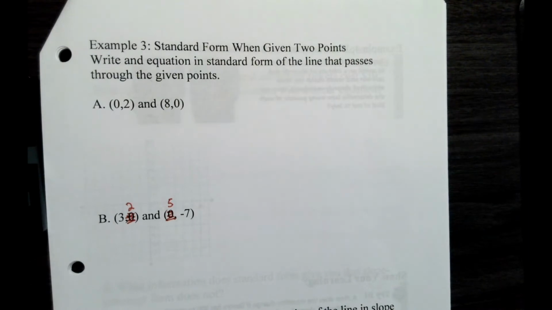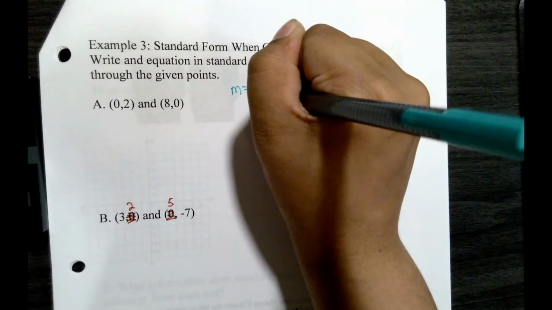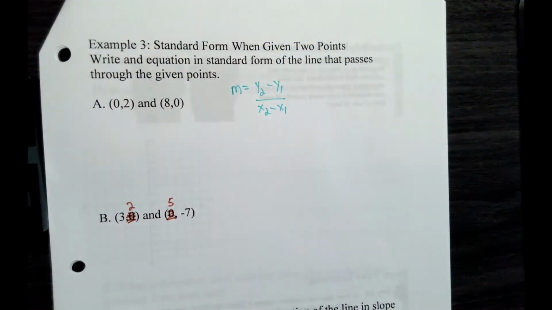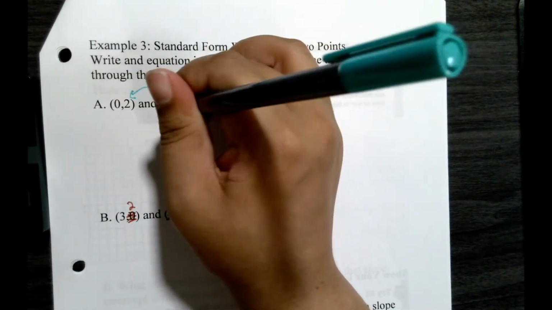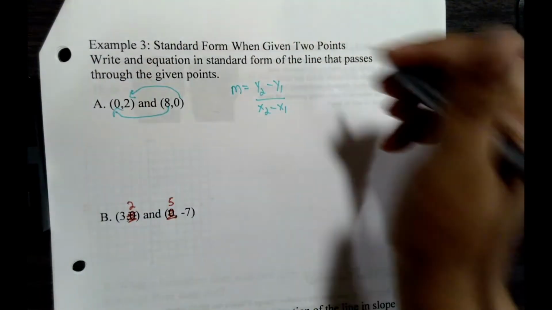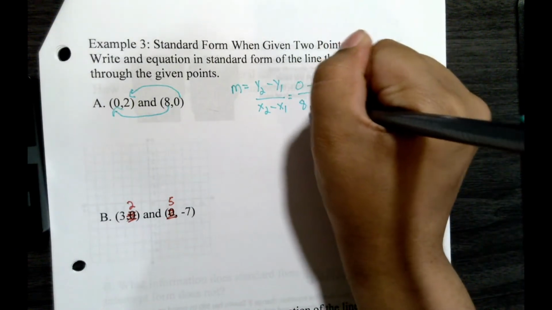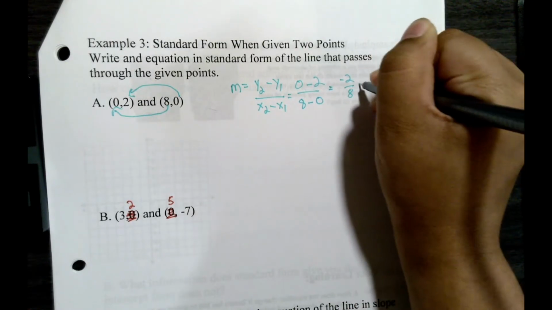Let's do A. Well, we know that if we're given 2 points, we can find our m. So we have y2 minus y1 over x2 minus x1, right? We have our points. I just went ahead and did it right here instead of rewriting it this time. So 0 minus 2 over 8 minus 0. We get a negative 2 over 8, which simplifies to a negative 1 over 4. So we have an m.